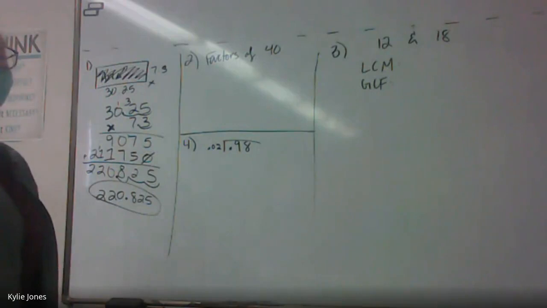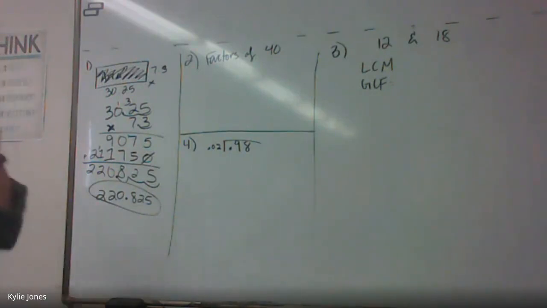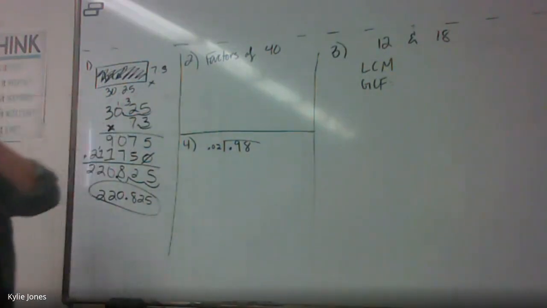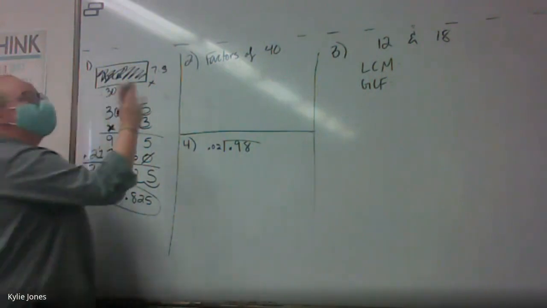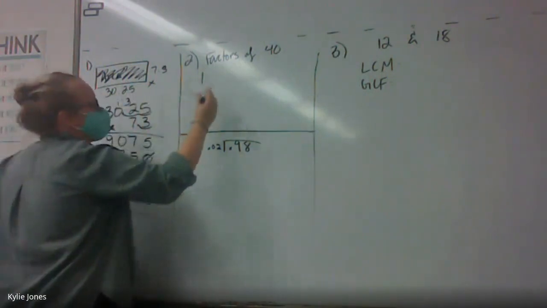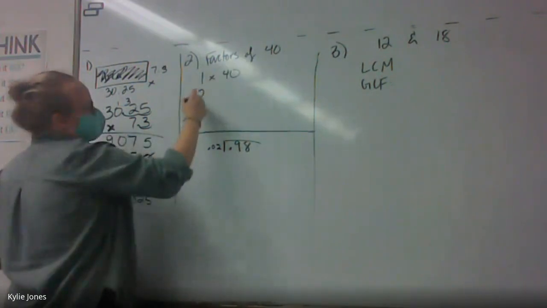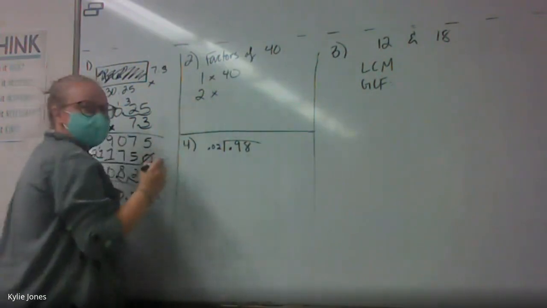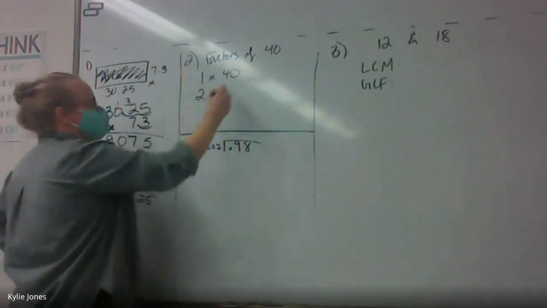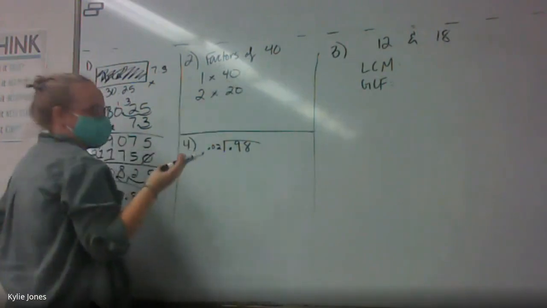Okay. All right. Number 2, we need to find the factors of 40. What numbers multiply to 40? Start with the basic. Start with 1. 1 times what? 40. 1 times 40. 2. Does 2 go into it? 2 times 20. Does 3 multiply?